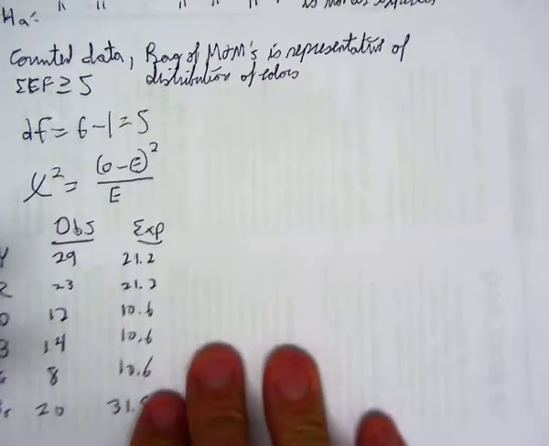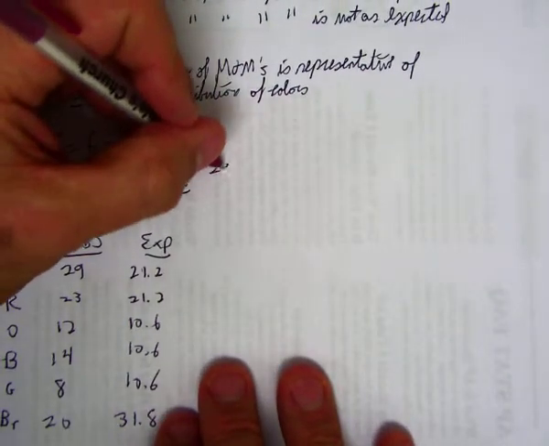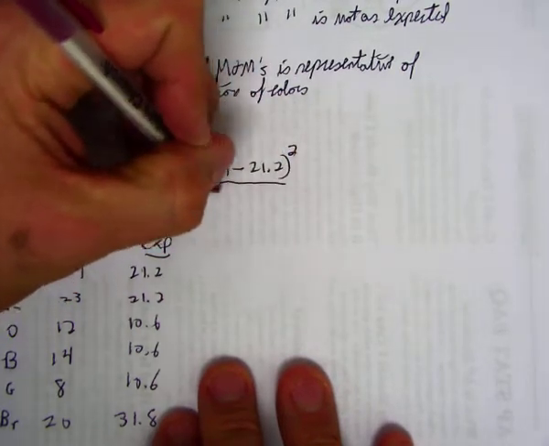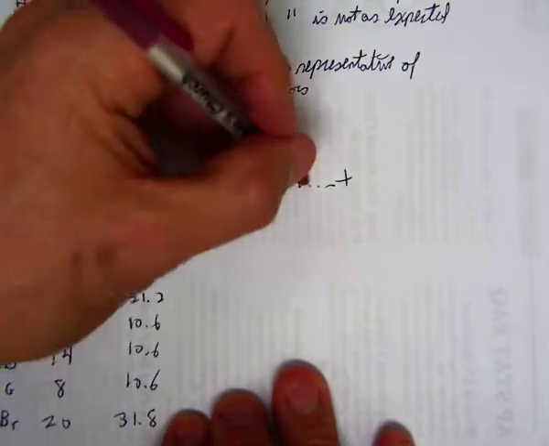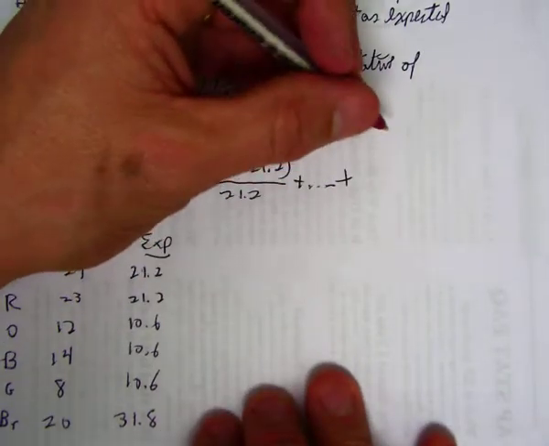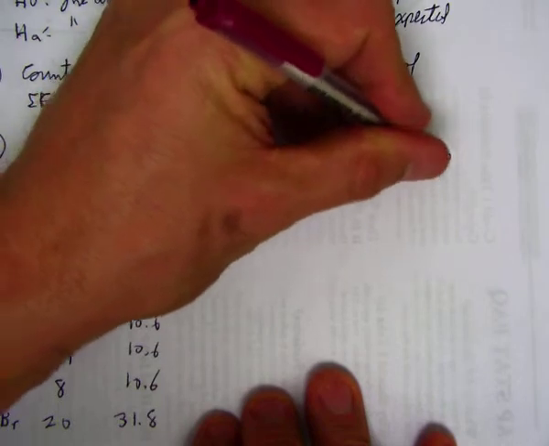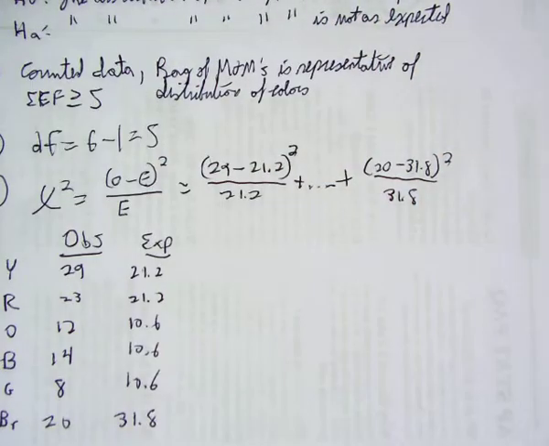So chi-squared, how we're going to calculate it is, I'm going to start with the yellow ones. So the observed was 29 minus the expected squared over the expected. And I'm going to go all the way up to the brown one. So I'm just showing here my calculation. So I'm going to do 20 minus 31.8 quantity squared over 31.8. And I'm going to figure out what that is.